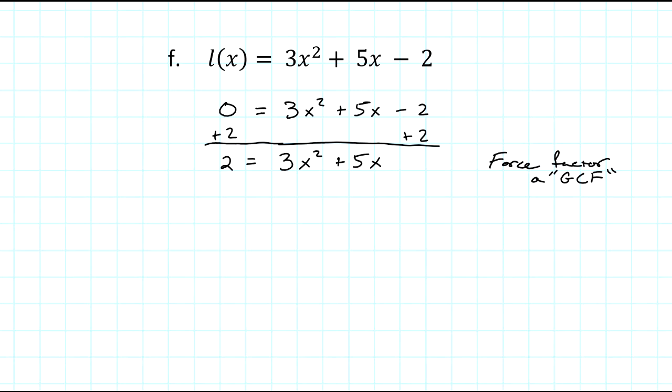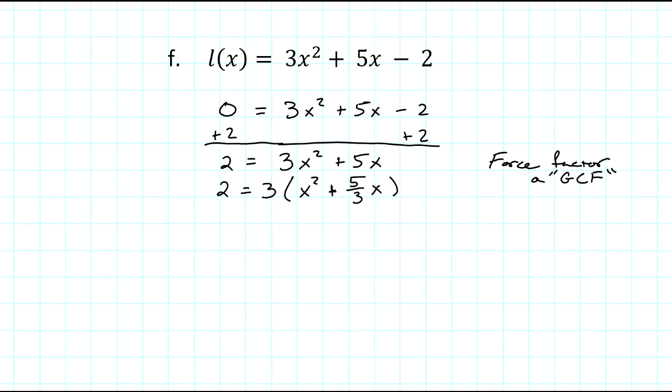We're just force factoring something out of this. So I'll have 2 equals 3 is what I'm trying to pull out, parentheses x squared, plus, when I force factor this, I'm going to have a 5/3, so that when the 3 multiplies back in, we would get back to the 5. Remember, factoring is essentially a division process. So it's 5/3 when we do that.